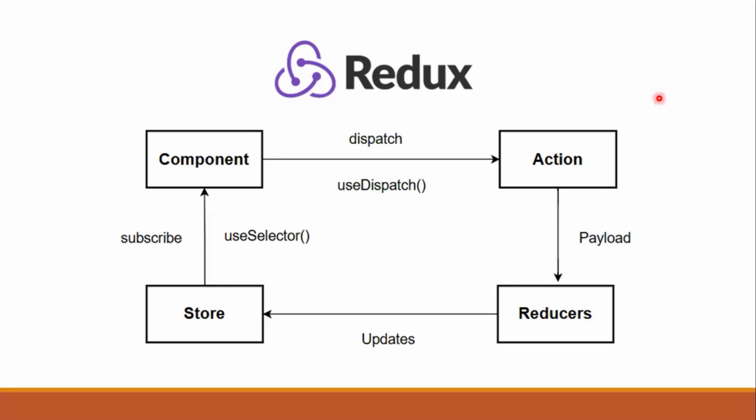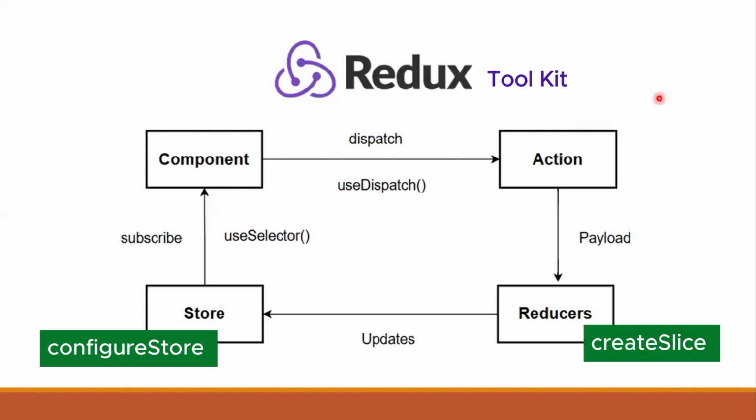Now, Redux requires lots of boilerplate code and configuration to start with. So now the recommended way is to use the next version of Redux, that is Redux Toolkit. Redux Toolkit is a set of tools built on top of the Redux library.